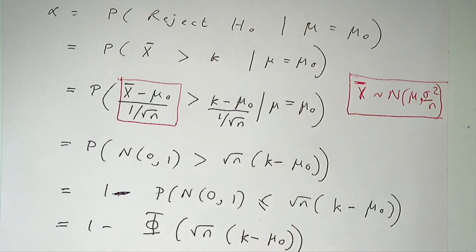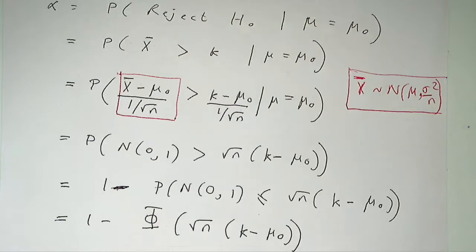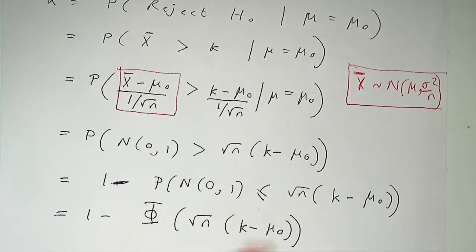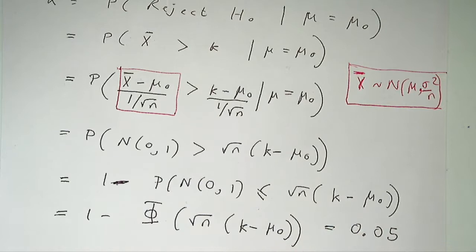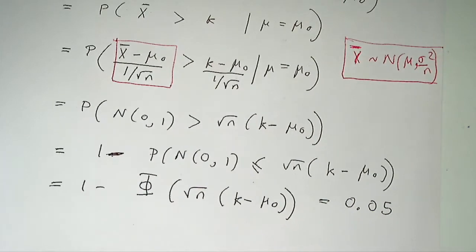Okay. Right, now remember the question, you should look at the question over there, guys. The question is to find the value for k. We know the value for alpha. Alpha is 0.05. So basically you have this equal to 0.05, and we need to solve this equation for the value of k, right?